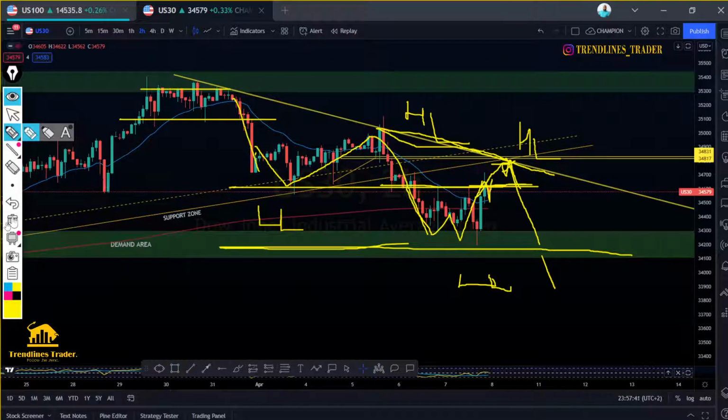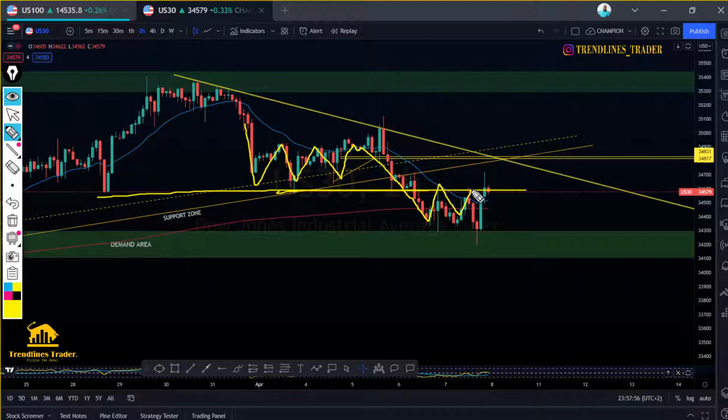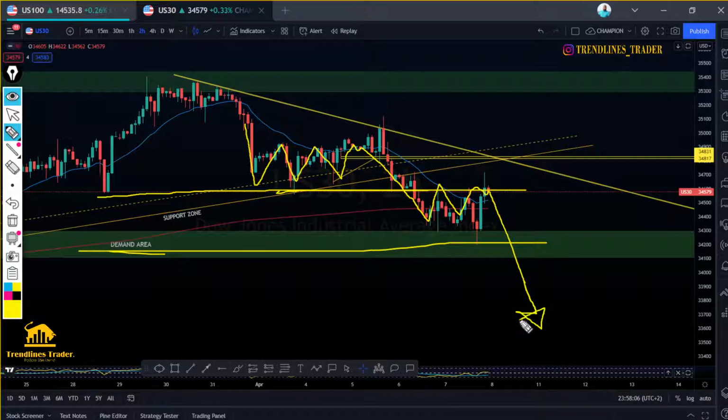One thing that I want you guys to see is that the price right here seems like it's respecting the area, our previous support zone. It's been broken. Now it's our current resistance zone. So if the price continues to respect the area, we might see it breaking our demand area and pushing towards the downside.